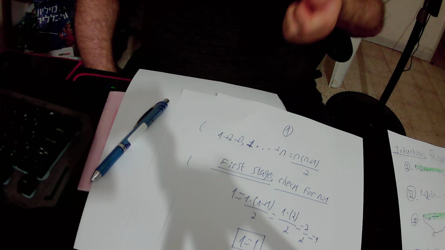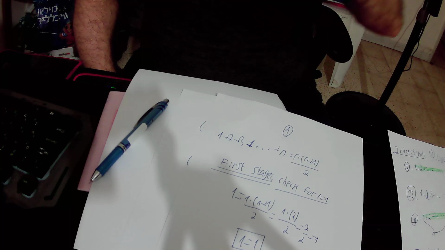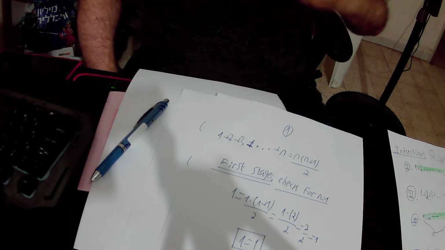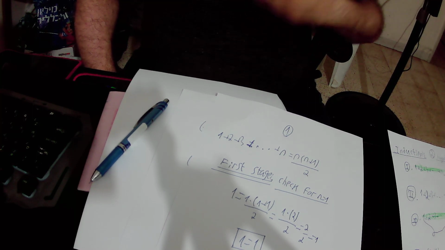So now that n equals 3, it must also be true for n that equals 3 plus 1, that is 4. So in this way we proved that the statement is also true for n that equals 4, and so on and so on.